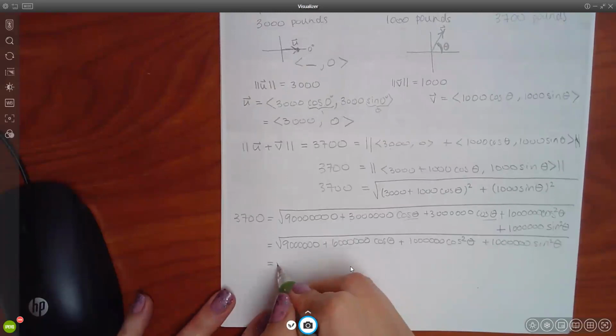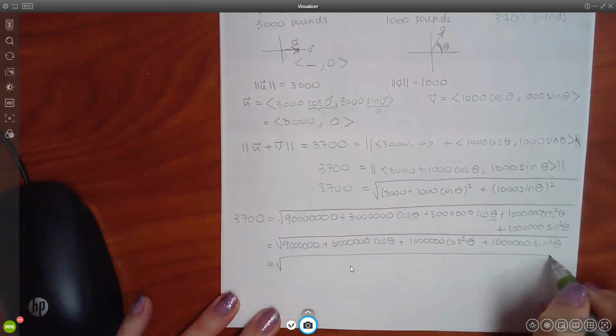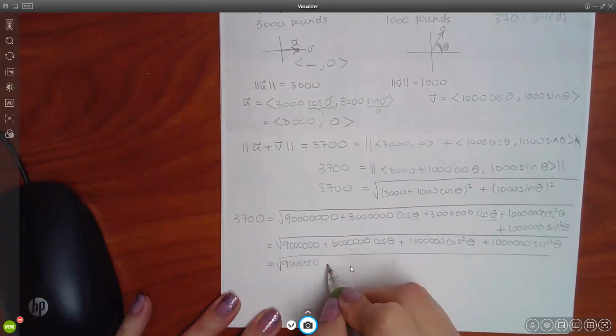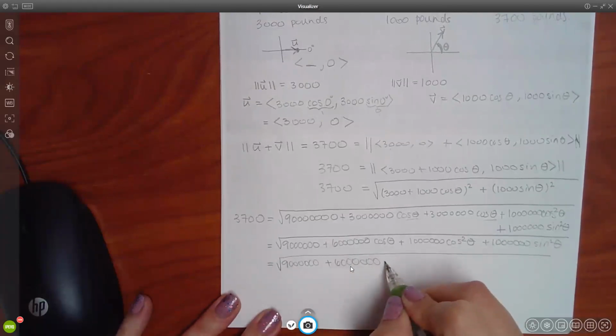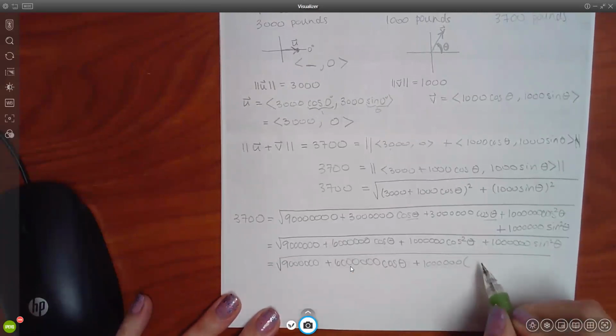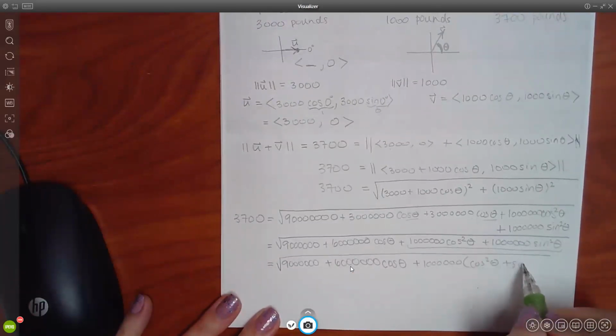Now here's where it gets a little bit interesting. 1, 2, 3, 1, 2, 3, 1, 2, 3, 1, 2, 3. I'm gonna factor out that million. When I factor the million out from these two guys, I have just cosine squared plus sine squared inside here.